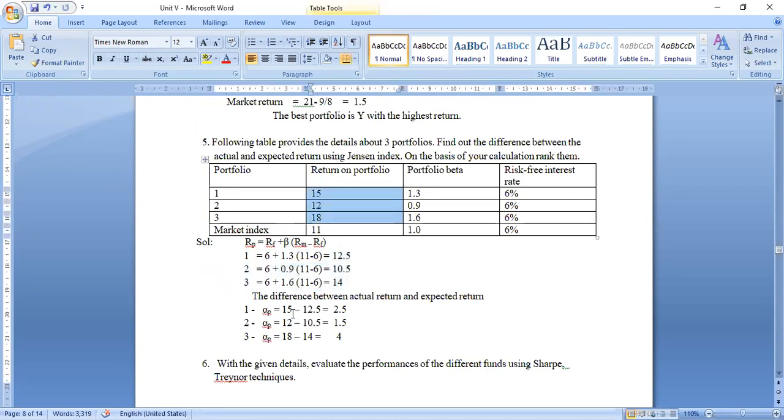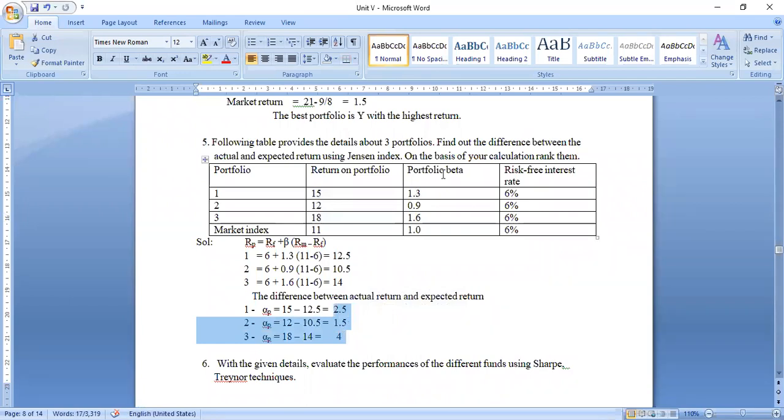Okay, so 15 minus 12.5 will give us 2.5 for portfolio 1. For portfolio 2, 12 minus 10.5 will give us 1.5, and for portfolio 3 it is 18 minus 14, which gives us 4. So these are the differences between actual return and expected return for portfolios 1, 2 and 3.